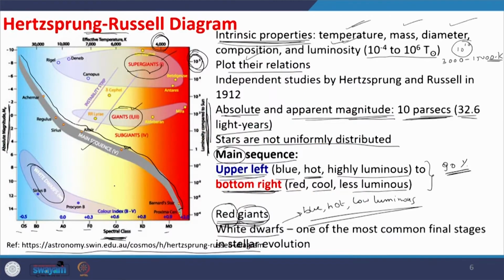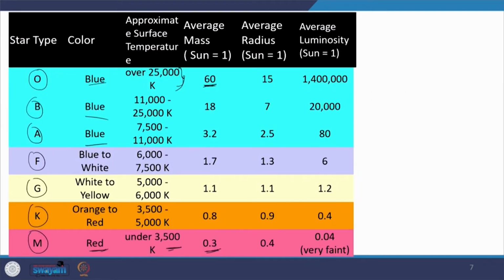So, where is the sun in the HR diagram? You can see here, the sun in the HR diagram is given here. Compared to the sun, the average radius is 15 times in the upper left and 0.4 times the sun's radius in the bottom right.